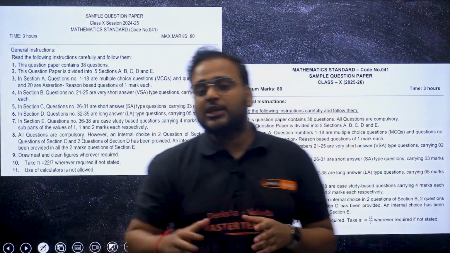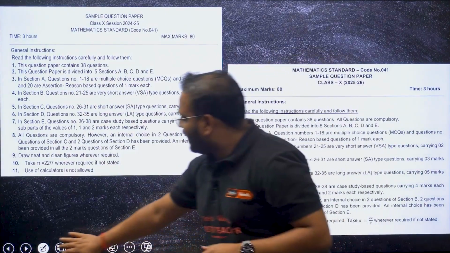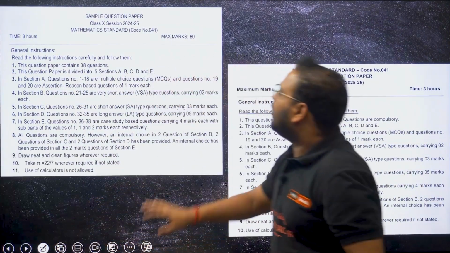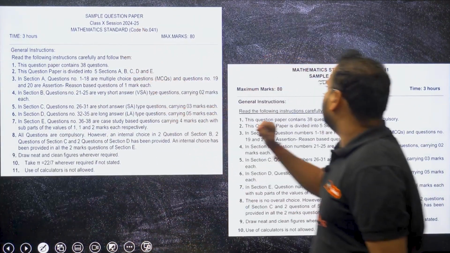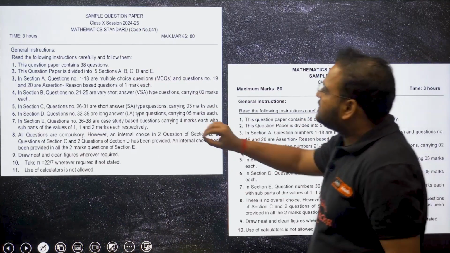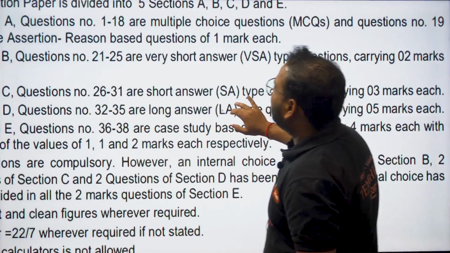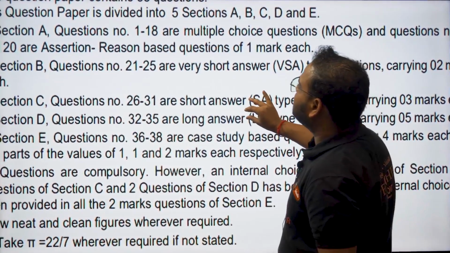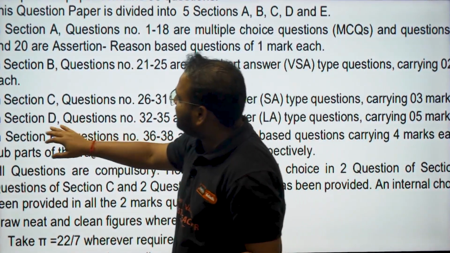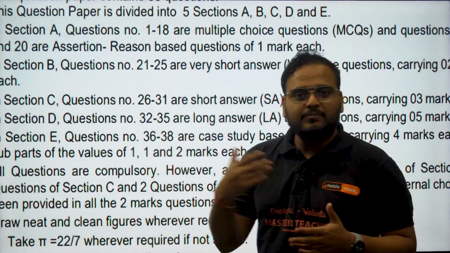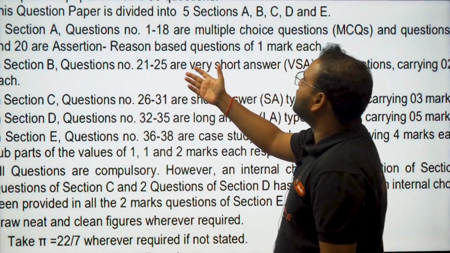Now if you see these two papers over here, they are the sample papers from year 24-25 and year 25-26. If you see this carefully, the sections were A, B, C, D and E. A total of 20 MCQs were there, 18 MCQs and 2 assertion-reason.